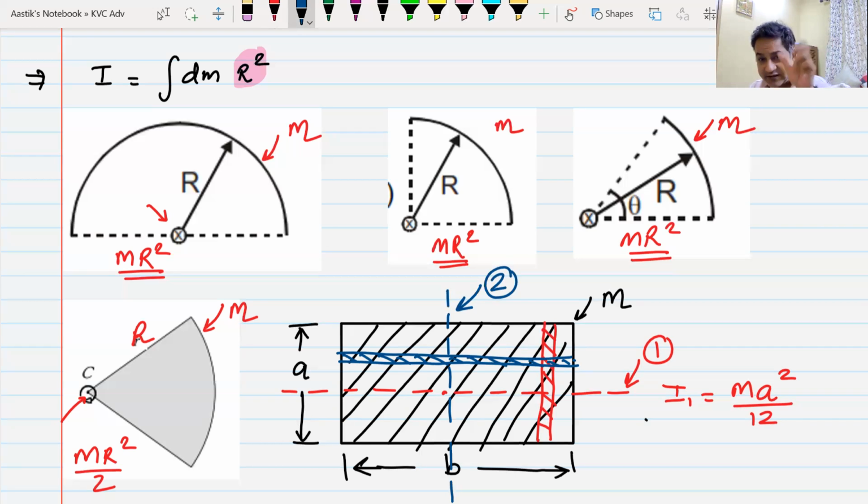Now this rod has a length B, and therefore the moment of inertia becomes m b square by 12. Do we understand this, or has this gone above your head? We understood, sir. I'll get to know, don't worry.